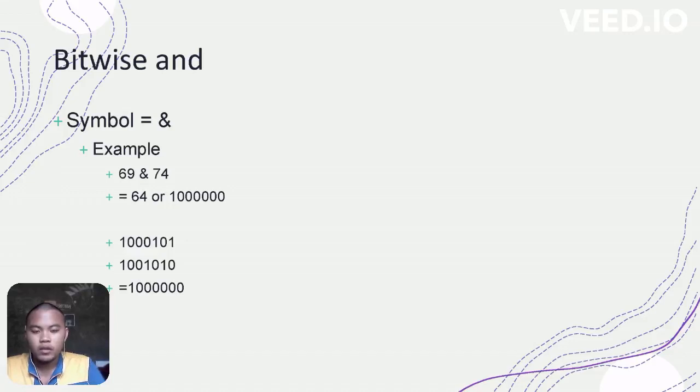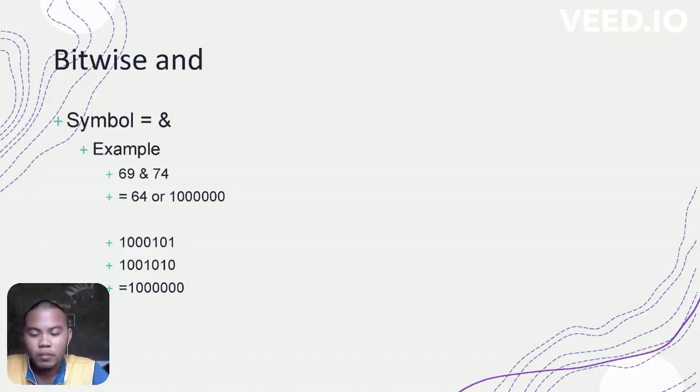Since bitwise AND only copies a bit to the result if it exists in both operands, it's easier to just show you. So here, solving this one.